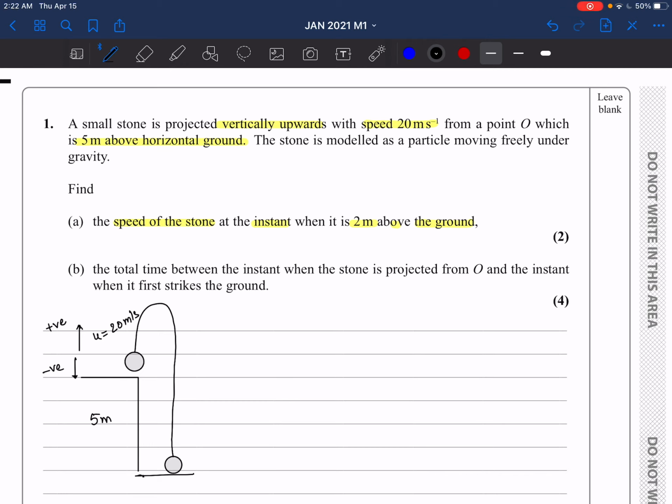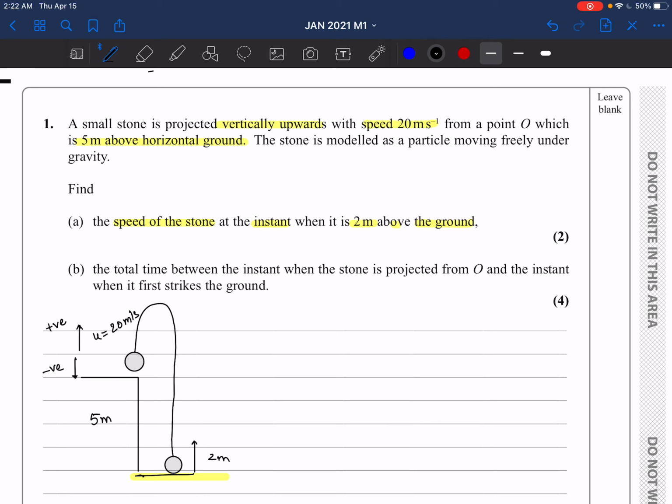Now we were asked to find the speed at the instant when it is 2 meters above the ground. So if this is the ground, then 2 meters above the ground will be maybe here.